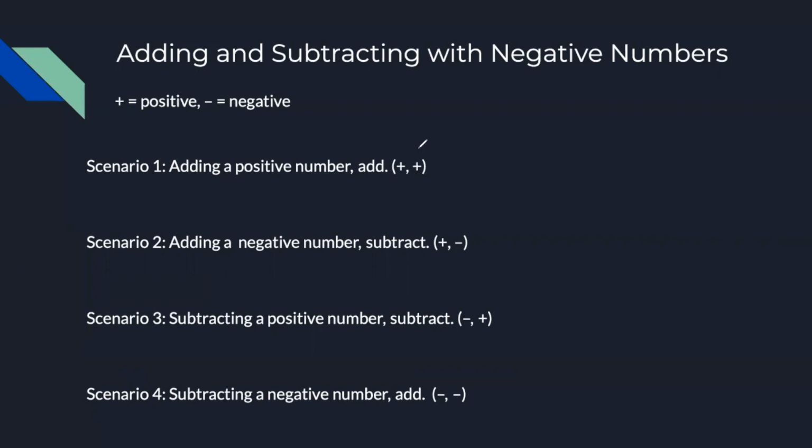So scenario 1, does everyone remember how to do this one? Adding a positive number. Let's just do an example really quickly. 7 plus, let's say, positive 8. Everyone just quickly type the answer in the chat. What do you get here? Let's see some participation. We have 2 people so far.